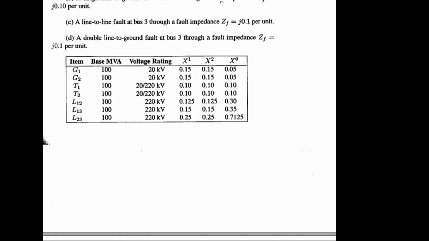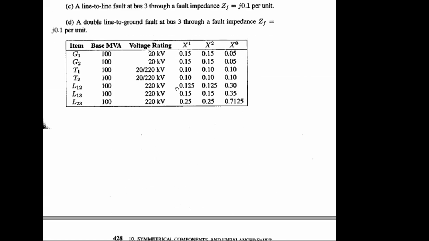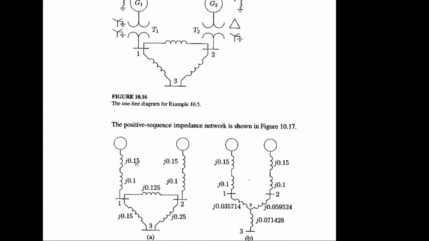What is the generator information for X1? 0.15, right? And transformer 0.1. So check, 0.15 and 0.1 there, right? That is for this path. For the second path, it is generator 2, transformer 2.